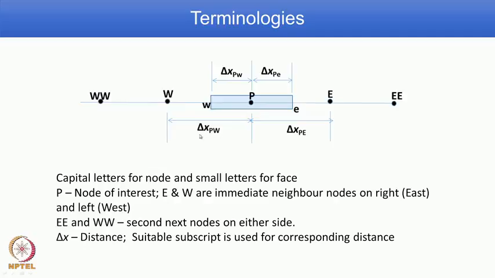So, it is delta x PW. Similarly, the distance between the node and the corresponding face, for example the face w on the left side, is given by delta x with the subscript P and small case letter w. You can follow this for the other face as well as for the other node.